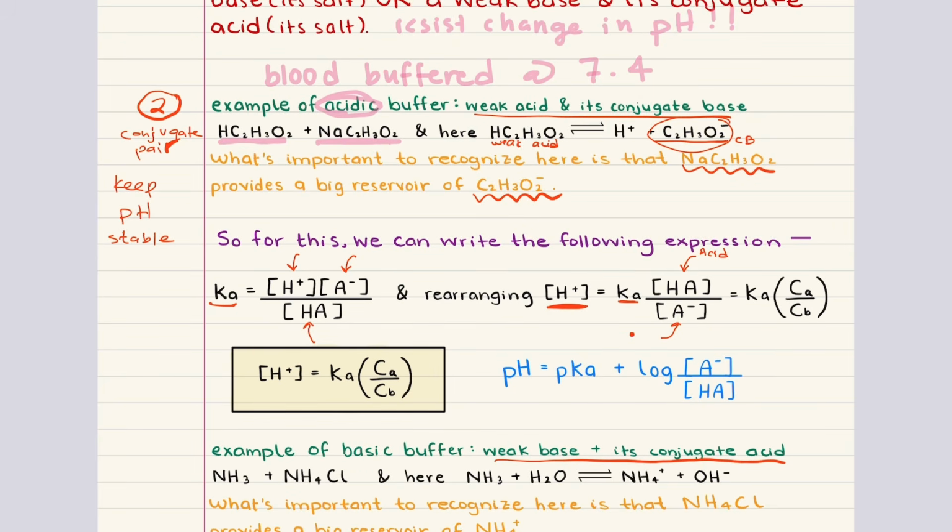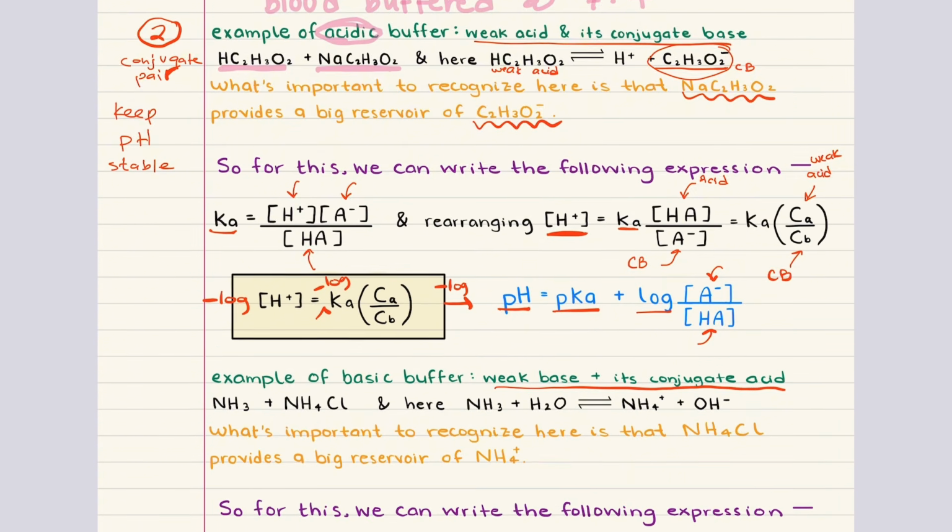So the concentration of hydrogen ions equals Ka times C sub A over C sub B, where C sub A is the concentration of the weak acid and C sub B is the concentration of the conjugate base. If you take the negative log of each side, you get the pH is equal to pKa plus the log of your conjugate base concentration divided by your acid concentration. This is called the Henderson-Hasselbalch equation.